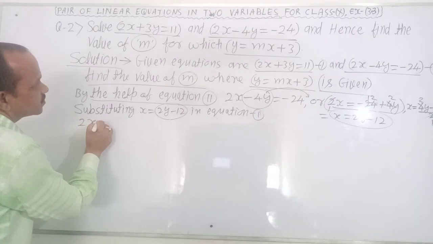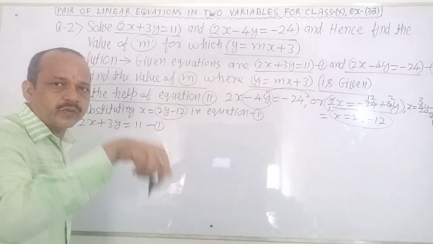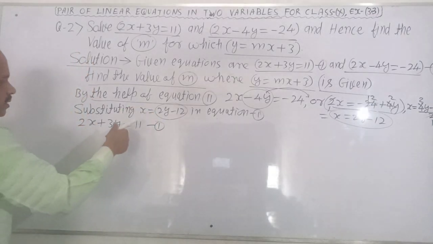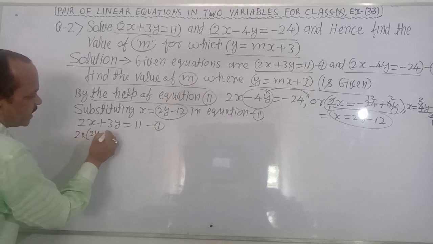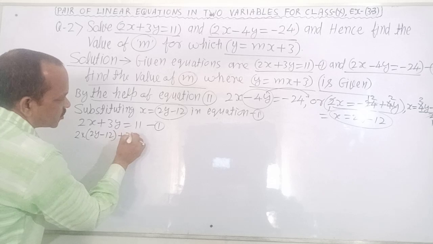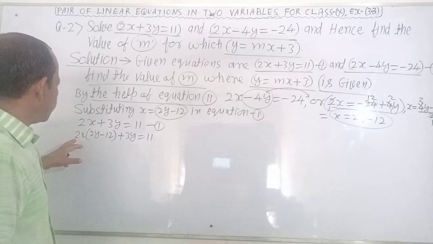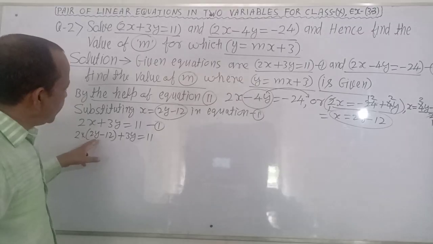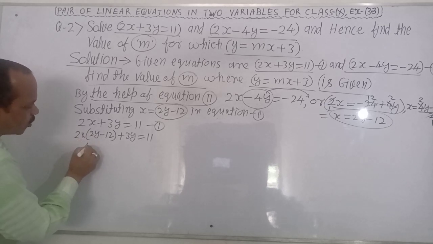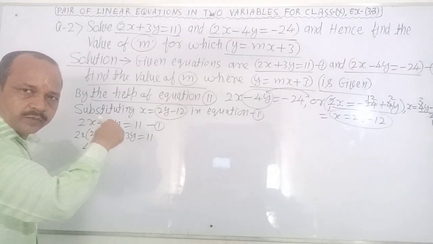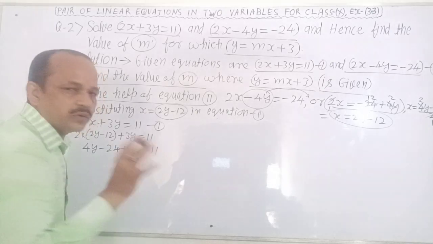Here 2 multiply 2y minus 12 plus 3y equal to 11. Now you multiply 2 by 2y and minus 12. It becomes 4y minus 24 plus 3y equal to 11.